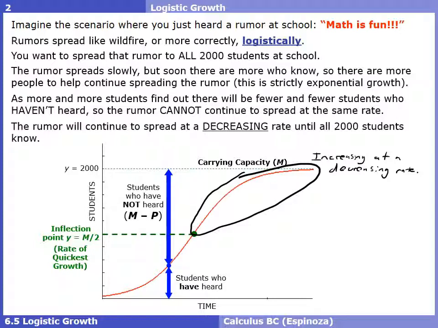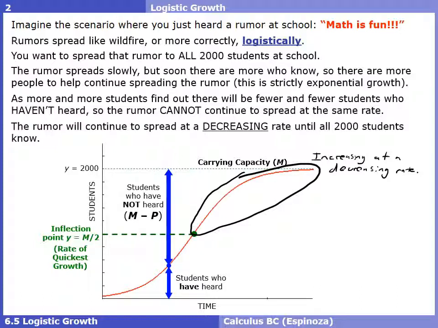It's not the same rate as to the left of the point of inflection. So that's very important. Every once in a while, you'll see a problem worded that way, where it wants you to identify the portion of a logistic graph that's increasing at a decreasing rate, and now you know that's the interval to the right of our point of inflection.